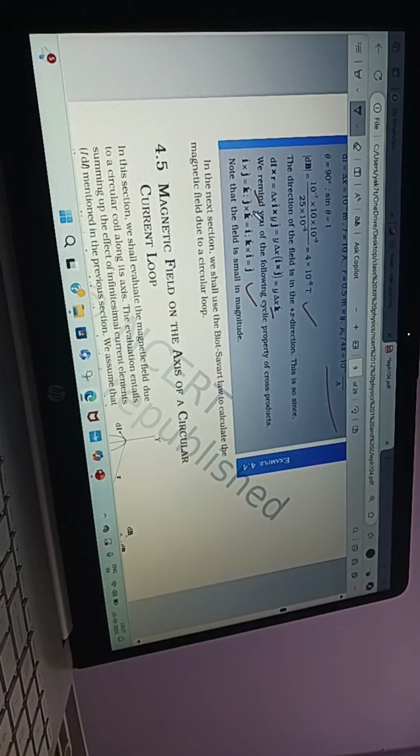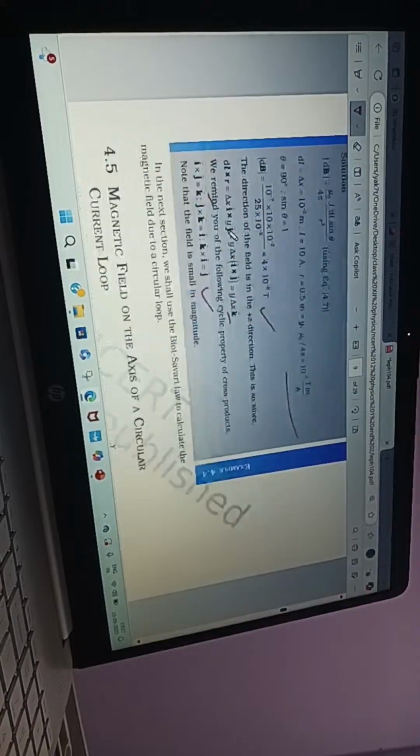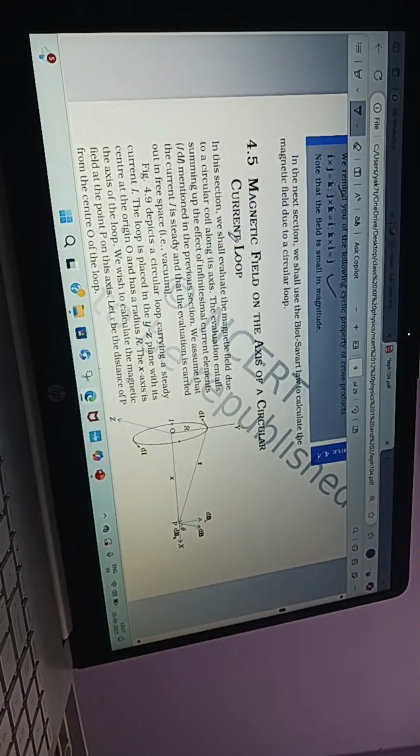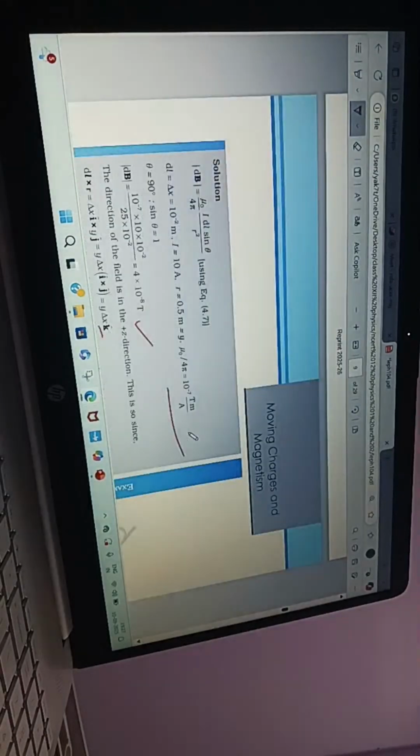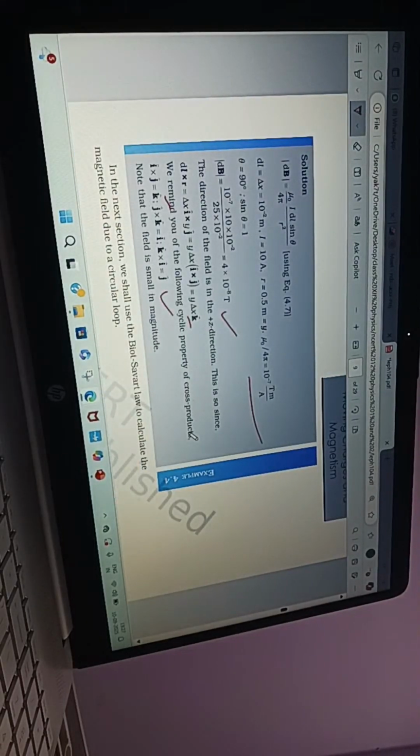Because you have taken dl as i and r as j, i cross j is k. So the direction is the k direction, the positive direction. This is x, this is y, then this will be z. So you have to write the k unit vector.